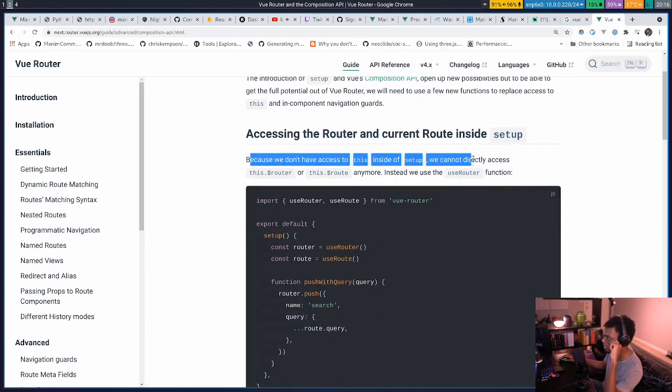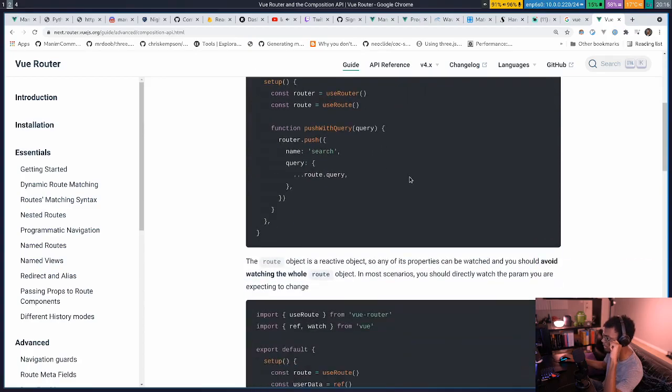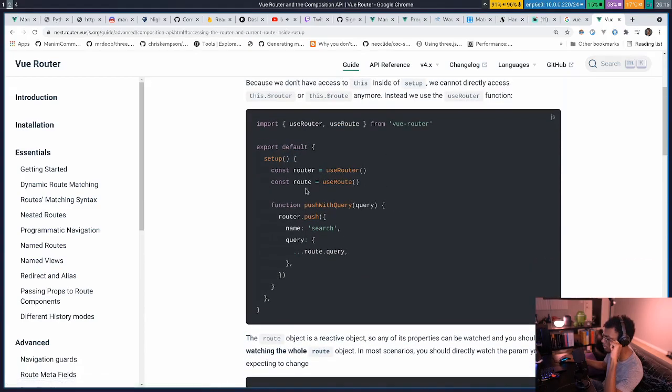We don't have access to this inside setup. We cannot access this.$router or that. So we have the useRouter function. Okay. Guess I have to do this.